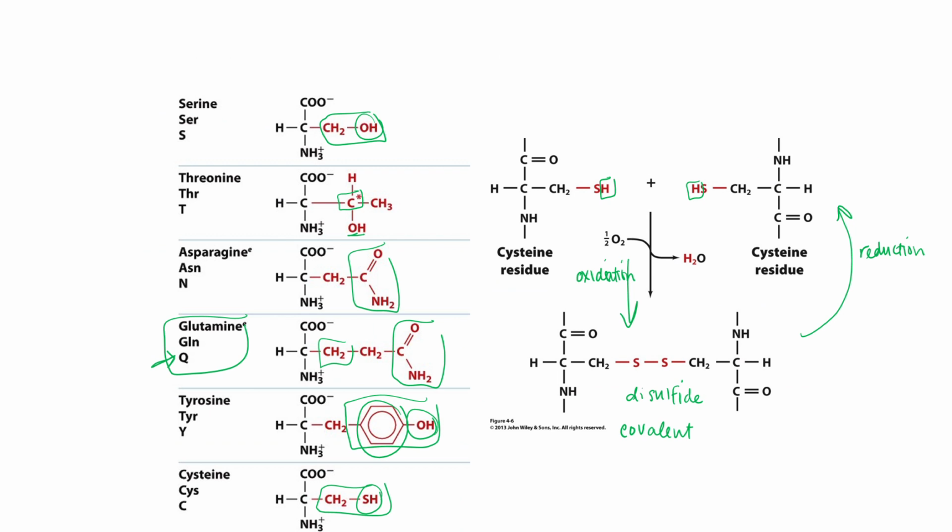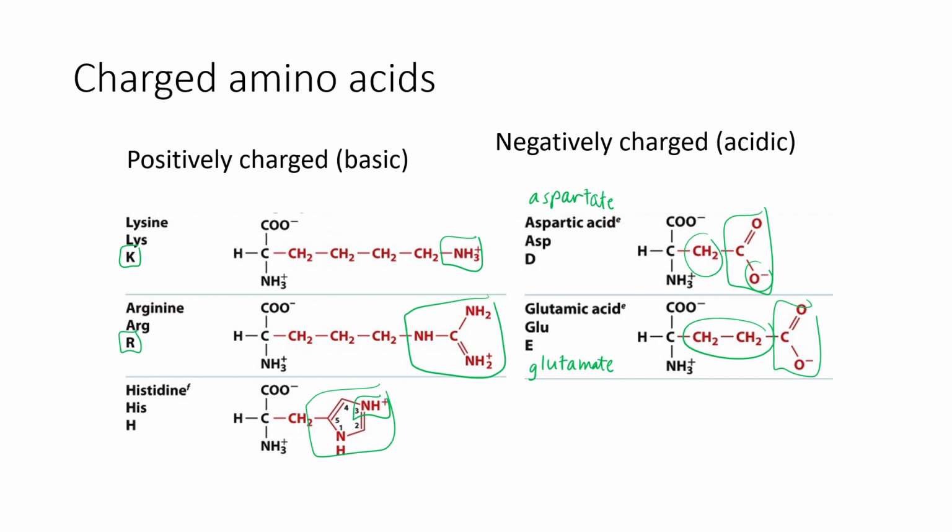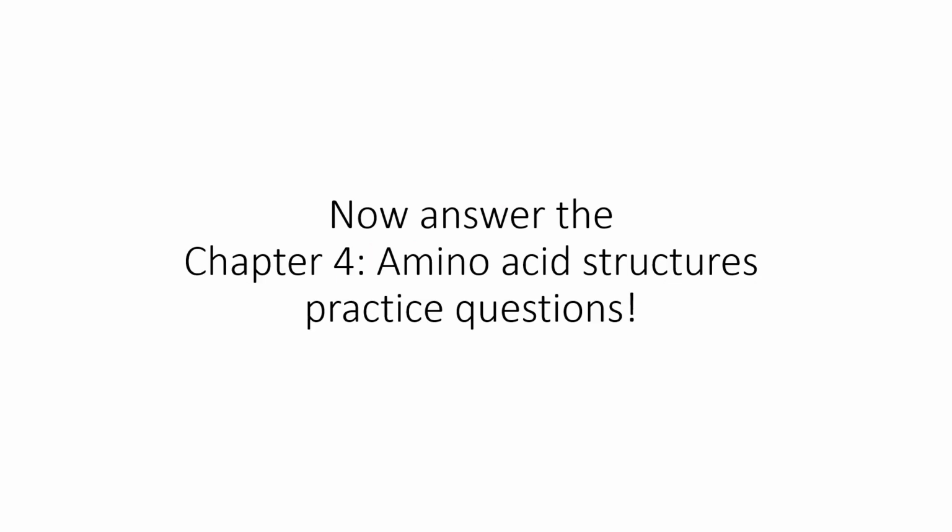So just be aware that the sources you use, depending on where their cutoff is, how they define polar and nonpolar, may not exactly categorize the amino acids the way I'm showing you here. But things like the pKa's and the three-letter codes and the one-letter codes never change. Those are always consistent. And of course, the structures of the side chains are always consistent. So with that being said, now you should be ready to answer the practice questions about amino acid structures.